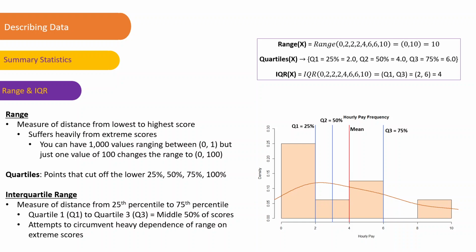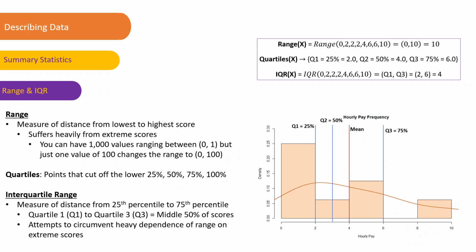And then we already talked about quartiles and what they are. The interquartile range is an attempt to get around the vulnerability of the regular range to extreme scores. So recognizing that an extreme score can change our range, one way we might fight this is to use the interquartile range. What that does is it only looks at the middle 50% of the scores.